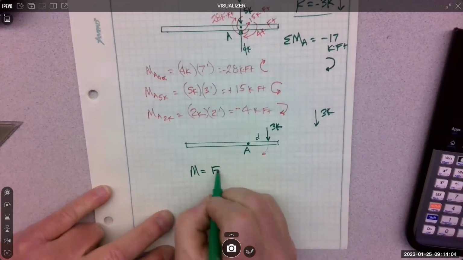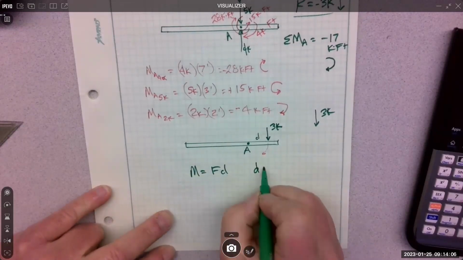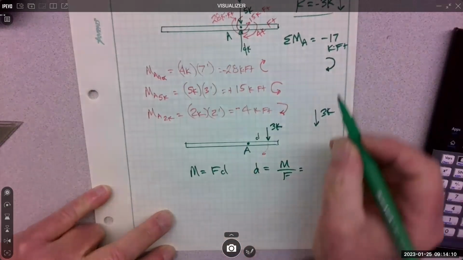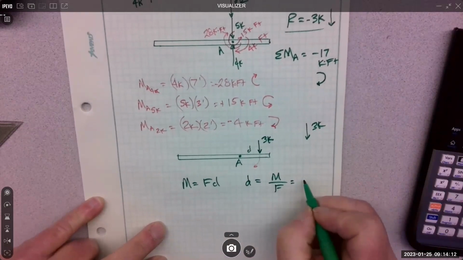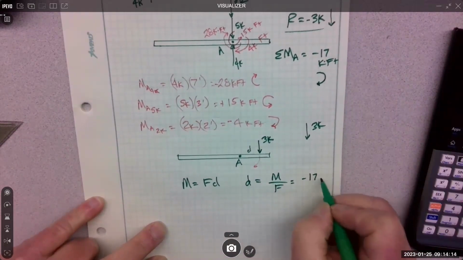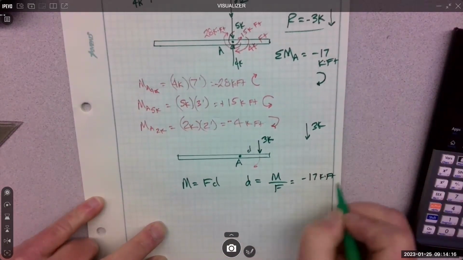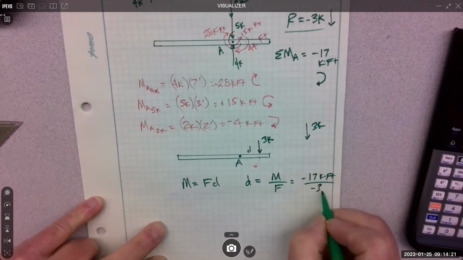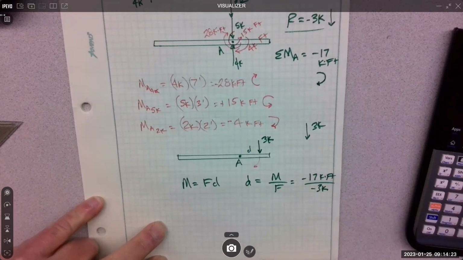Moment equals force times distance. Distance equals moment divided by force. My total moment is minus 17 kip feet divided by the force of minus 3 kips. It's going to give me just a distance, not plus or minus.